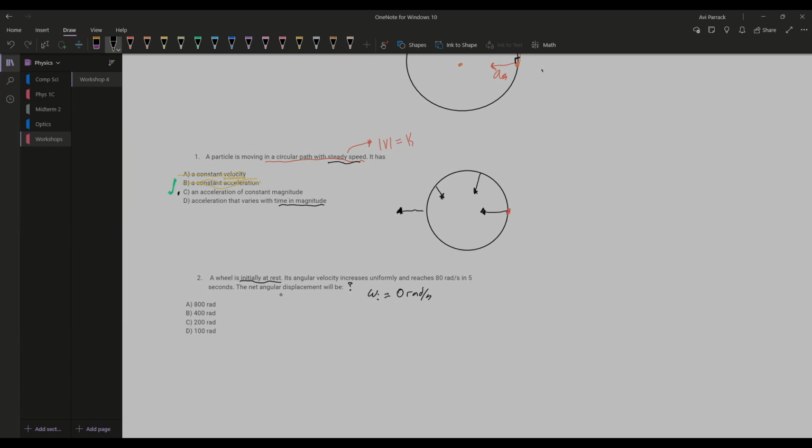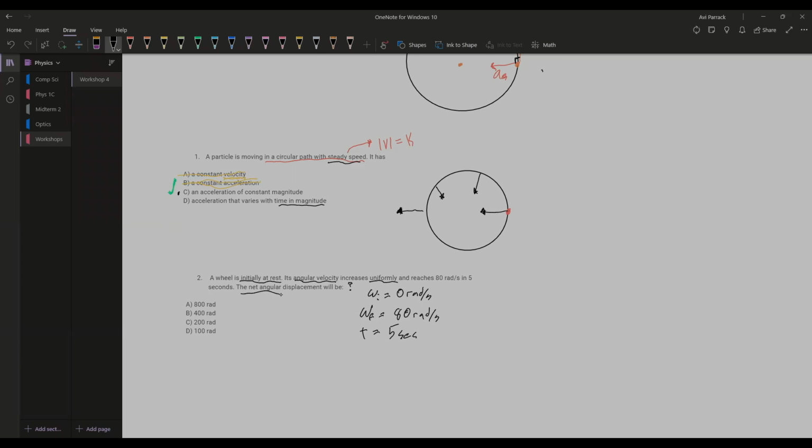Its angular velocity increases uniformly, so it increases at a constant rate. And it reaches omega_f equal to 80 radians per second after time t equals 5 seconds.